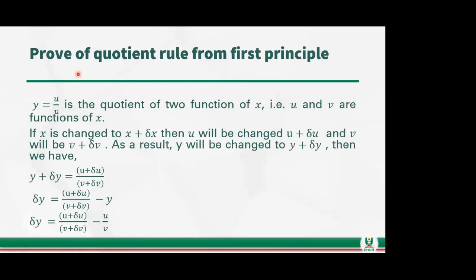To prove the quotient rule from first principle, let y still be y, let u represent cos x, as we showed in the previous slide, and v represent x squared. u and v are functions of x, and when x changes to x plus del x, u will change to u plus del u, and v will change to v plus del v.